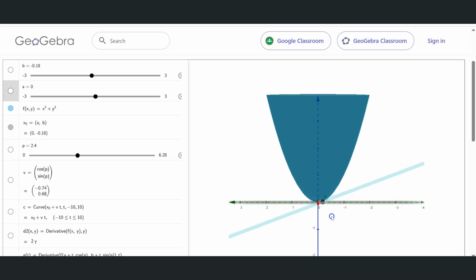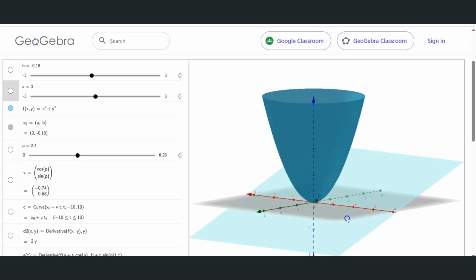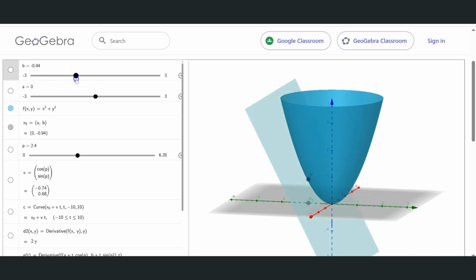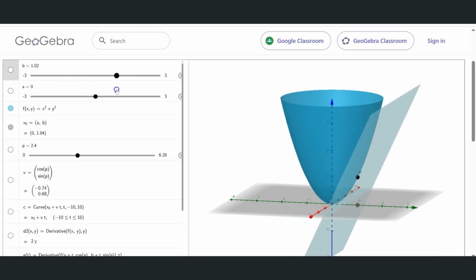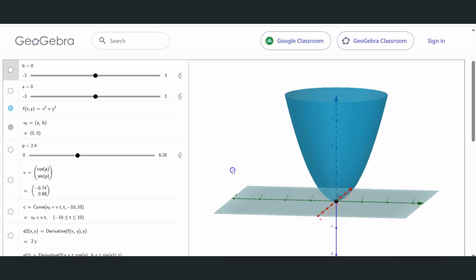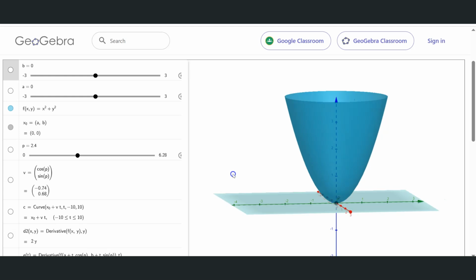So although I have a rate of change in the x direction of 0, I don't have a change in the y direction of 0, which means that my y value of b equals negative 0.18 is not quite right. And the further I get away from that point, the steeper it gets in either direction. But as I bring that in close to the location 0, 0, look at the tangent plane. The tangent plane is horizontal, or parallel to the Earth, right?